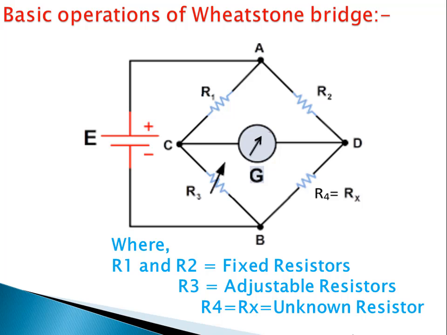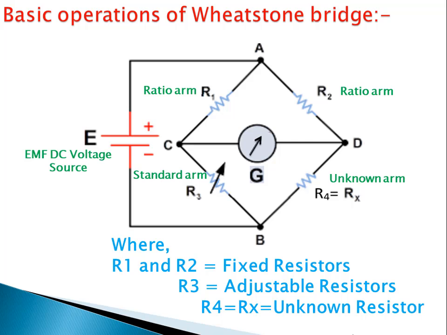Here you can see the 4 resistors R1, R2, R3 and R4 are interconnected with junctions A, B, C and D in such a way that they form different arms, such as the ratio arm, standard arm and unknown arm.